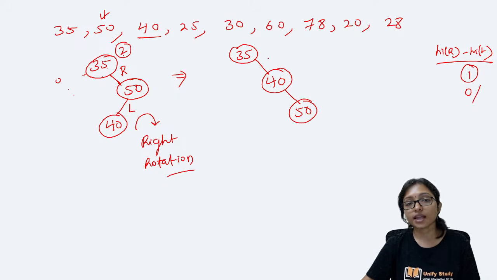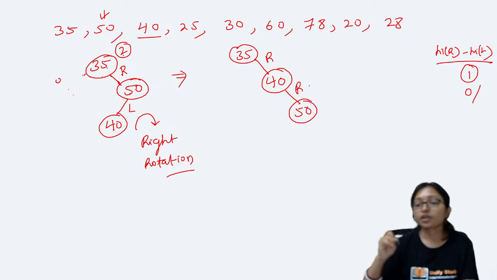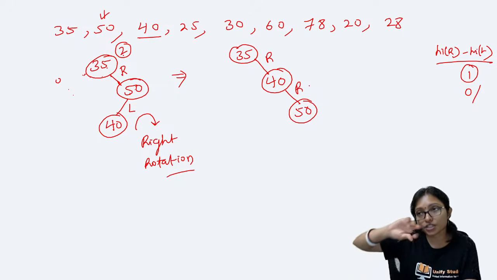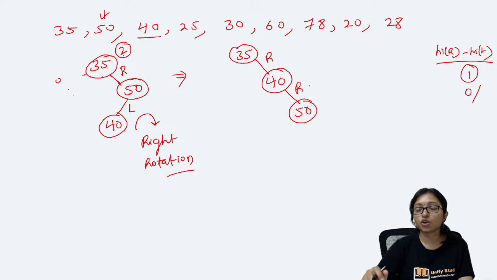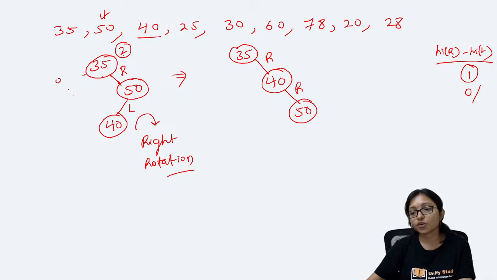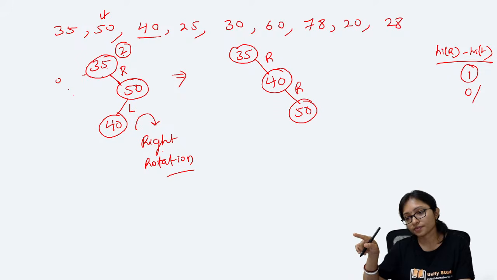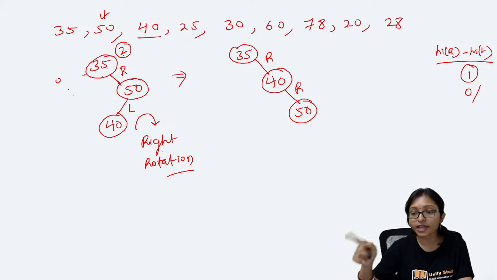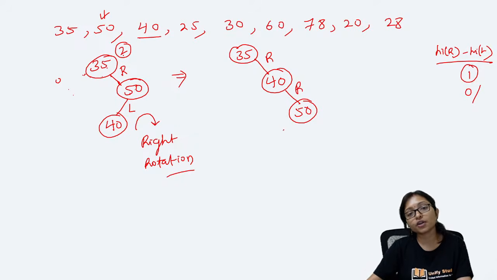Now you can see this is a right rotation. It is not the left rotation issue. Now we are doing right. After that we have to do left. Now I can do a left rotation.